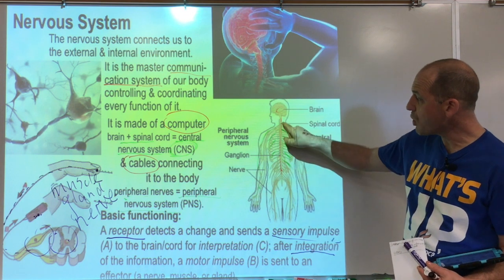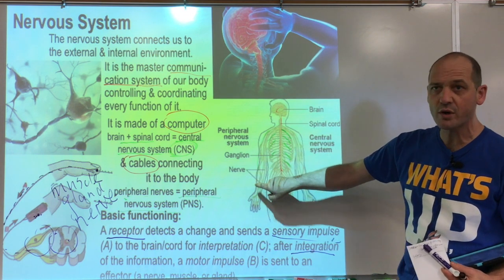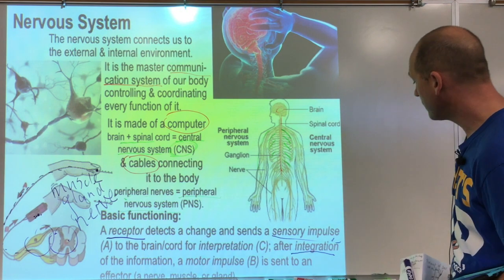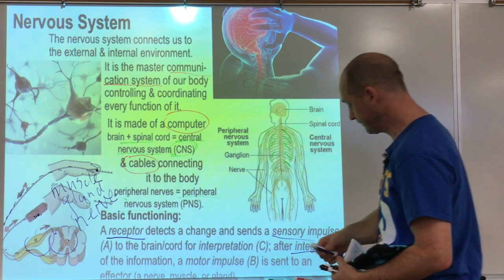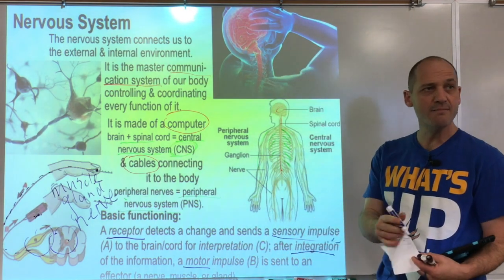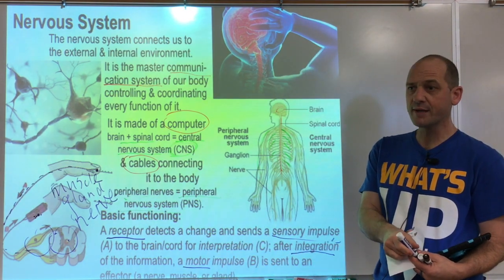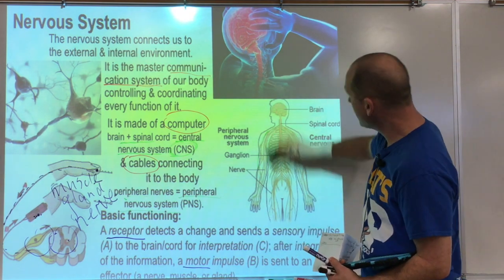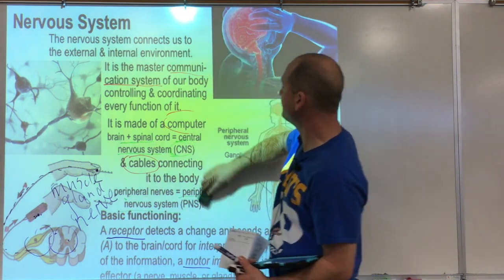The impulses that go from the cord back out to the organs to make a change, we call them motor. Here's the word motor. That's the difference between sensory and motor. We'll get a lot of that coming in this chapter. Might as well start with those terms.